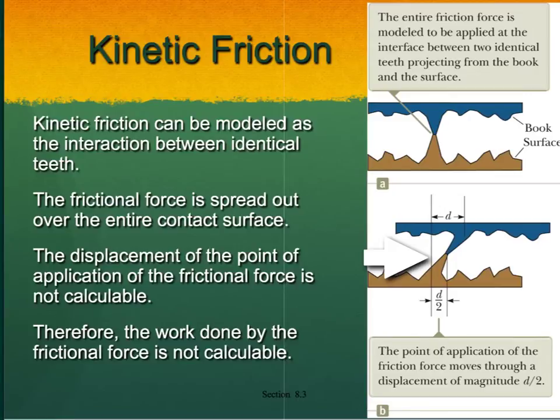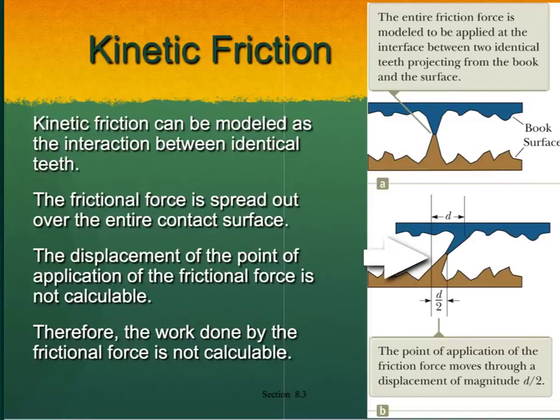Because the magnitudes of friction forces at various points are constantly changing as that local adhesion occurs, the surface and the book are going to deform locally. So the displacement of the point of application of the friction force is not calculable, and so neither is the work done by the friction force.